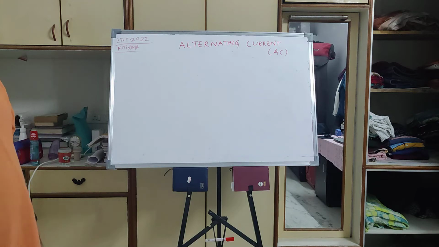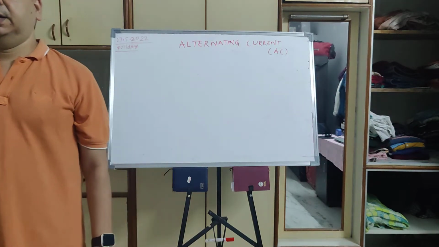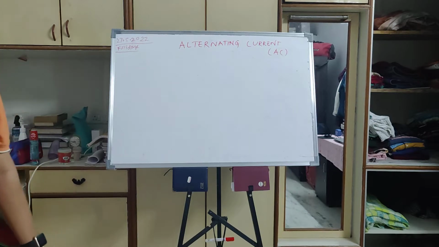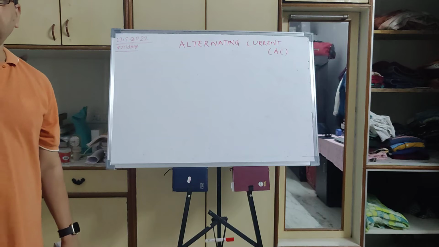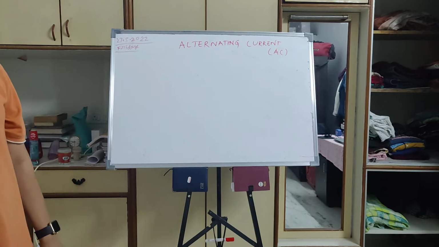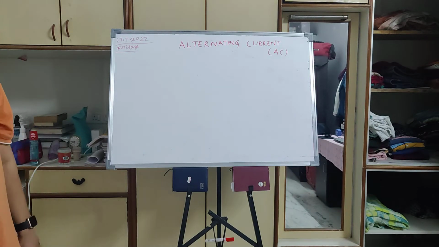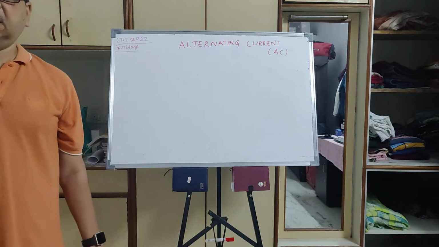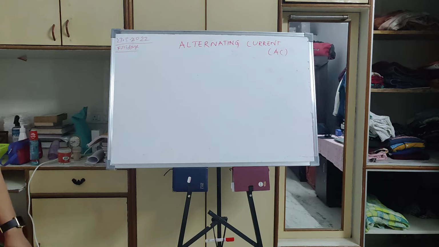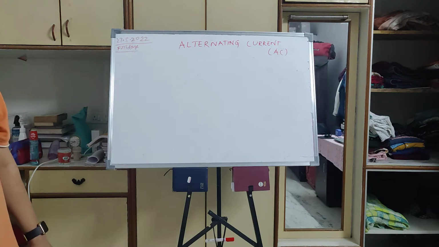So, a quick recap of what is AC and what is DC. AC stands for alternating current, whereas DC stands for direct current. In our house, whatever current we are using is alternating current.